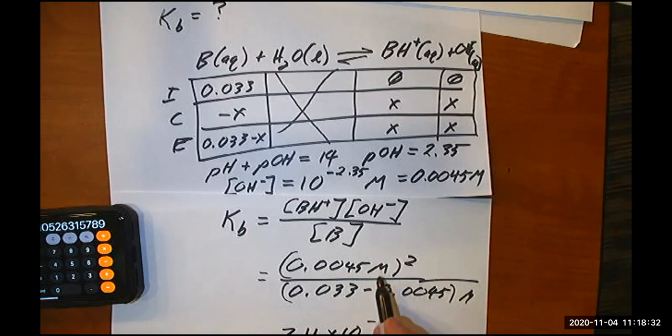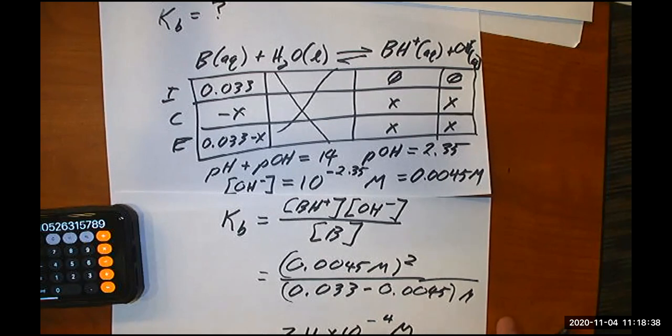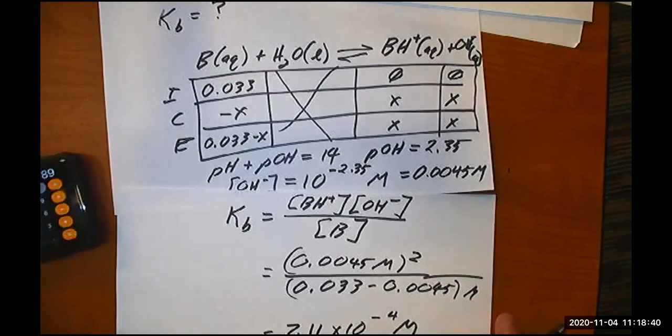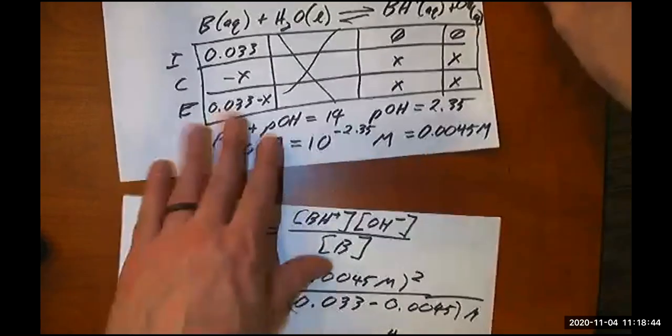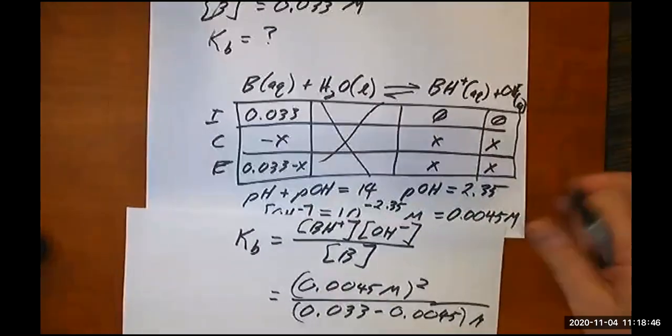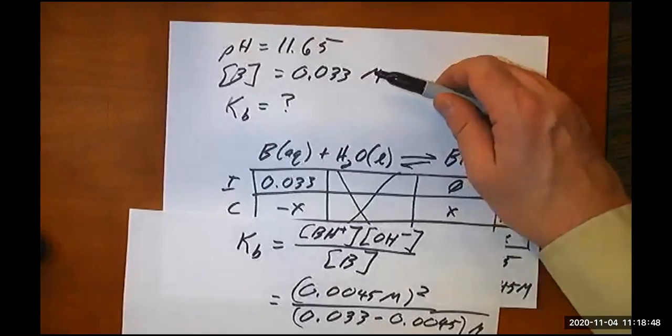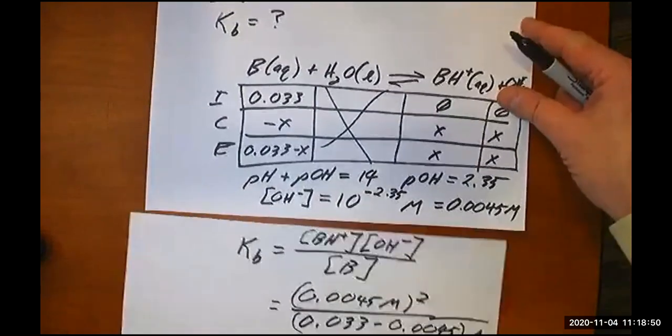And our units here, we have molar squared in the numerator, a single molar in the denominator, so units of molar. Okay. So that is how we would go about finding a Kb from concentration and pH information.